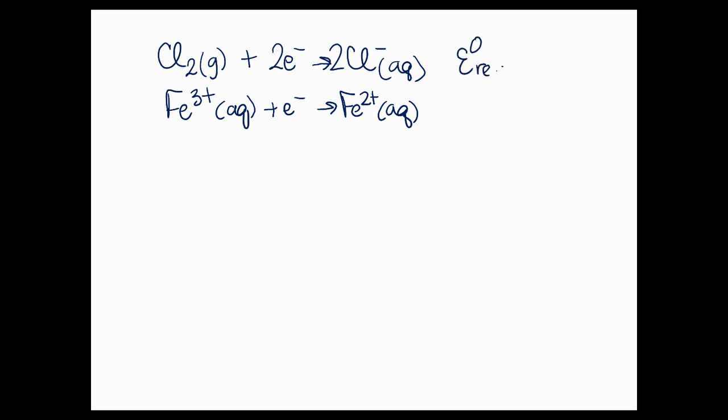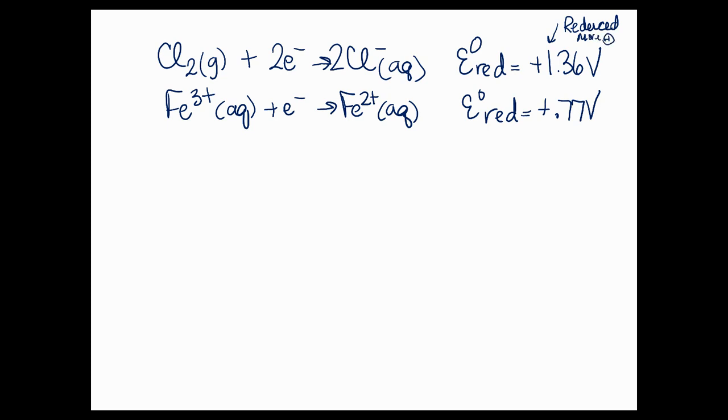Okay, so the reduction potentials from the table, also in the back of your text. Okay, so let's see where we're at. The more positive potential will be reduced because it's more positive.